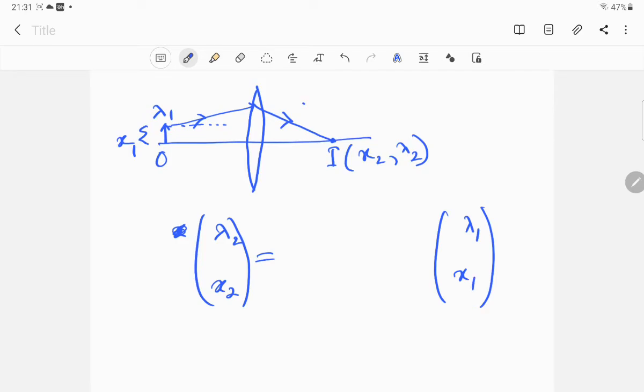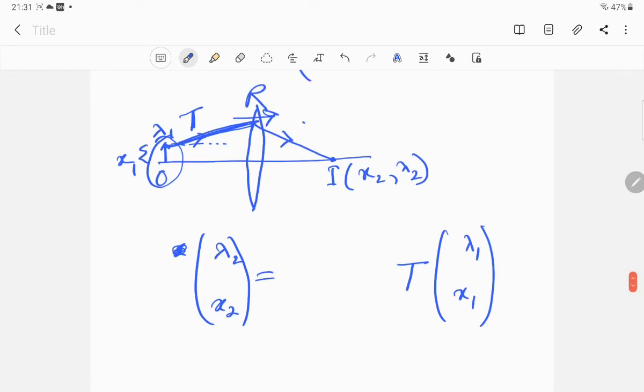When the ray of light starts from O, it first undergoes translation, so first there will be a translation matrix. Then it goes through refraction, so again a refraction matrix. Then to give the final image, it has to go through translation again. Can you understand?